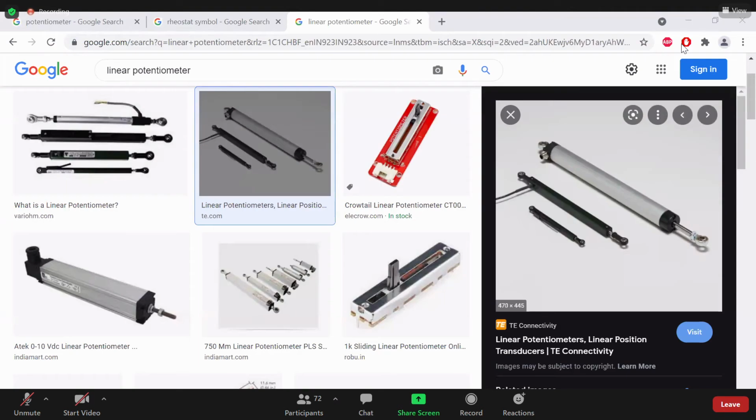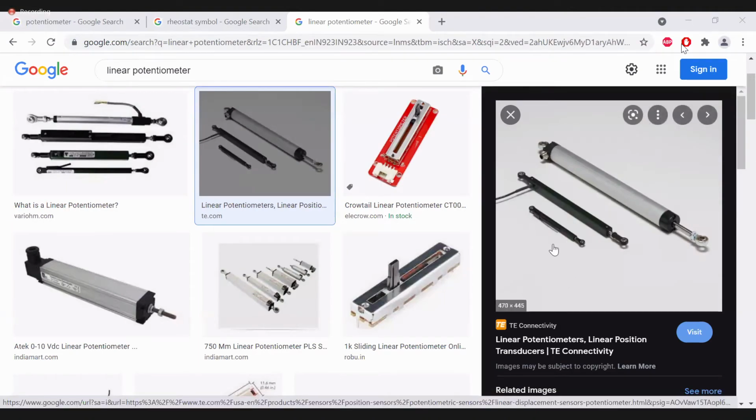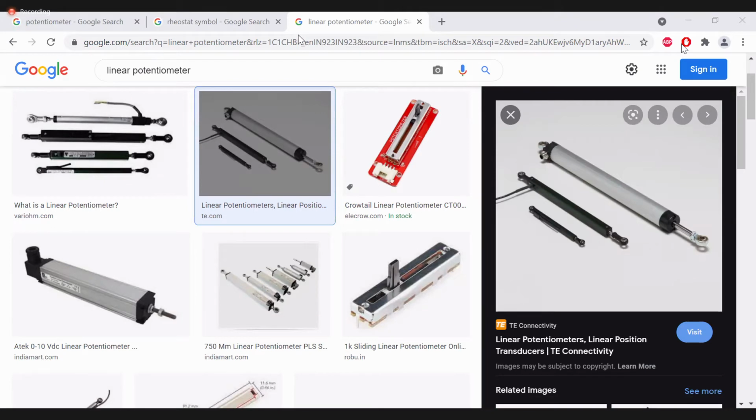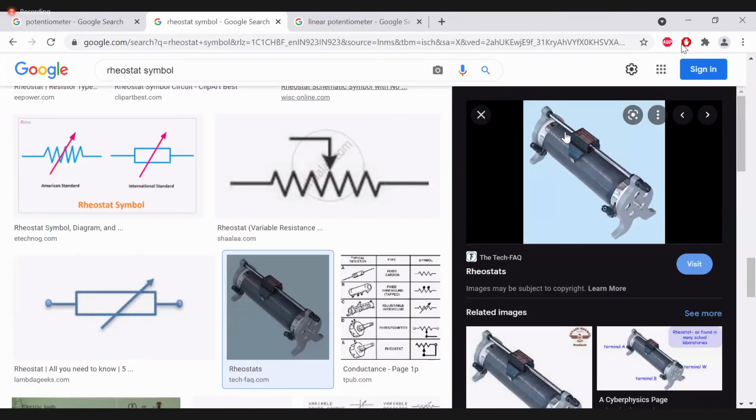See students, here we have linear potentiometers in different sizes. Depending on the position of the wiper, resistance will vary. This is a linear potentiometer. And next, this is rheostat.